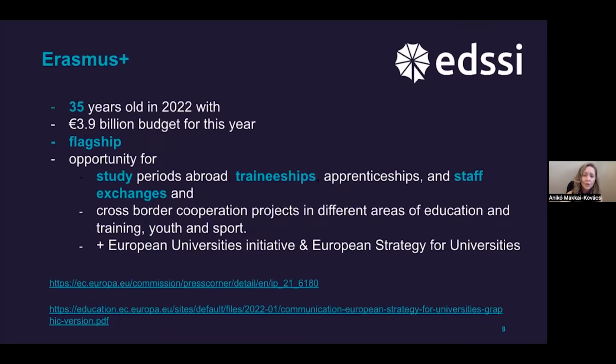So I'm sure you've heard and looked a lot about the statistics and the main information about the Erasmus Plus program, that this is already 35 years old, that this year it has a 3.9 billion budget. This is not for just higher education, this is for the entire program, that this is the flagship program of the European Union. Indeed, this is one of the most successful ones, and it was started in 1987 with the aim actually to support peacekeeping between the nations of Europe.